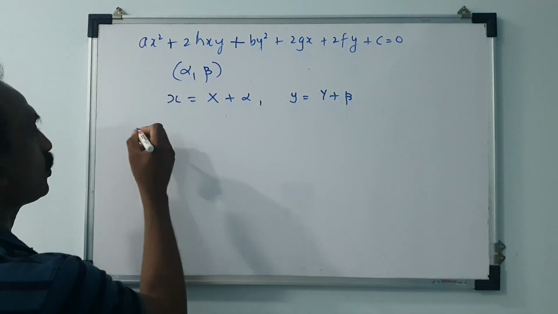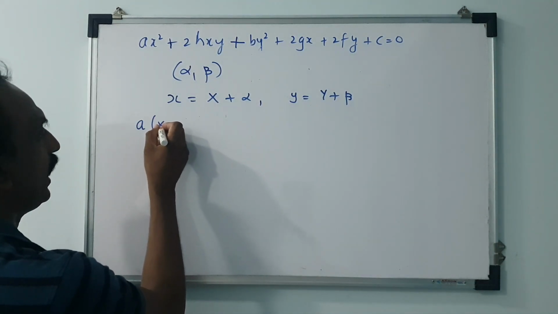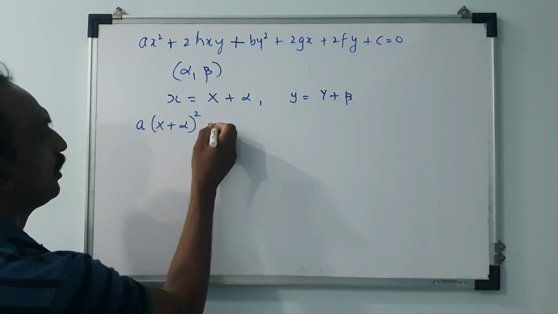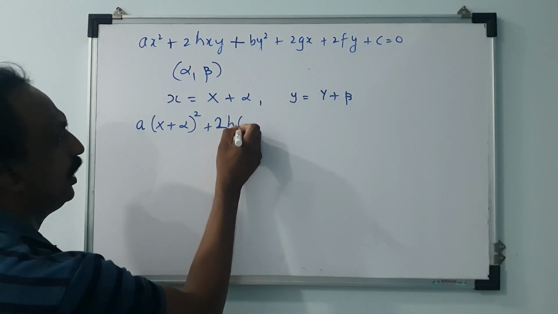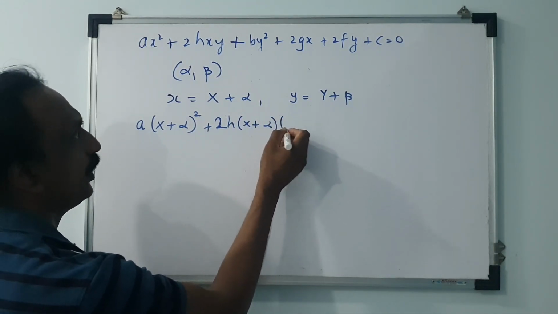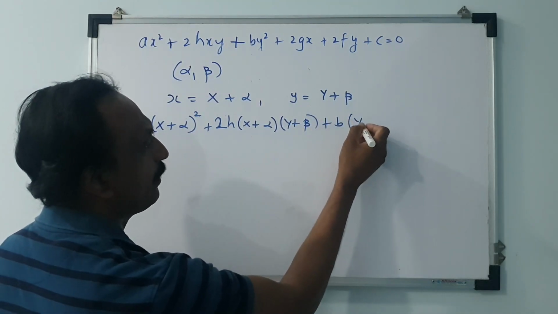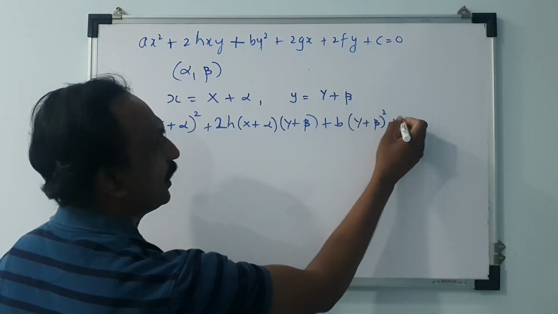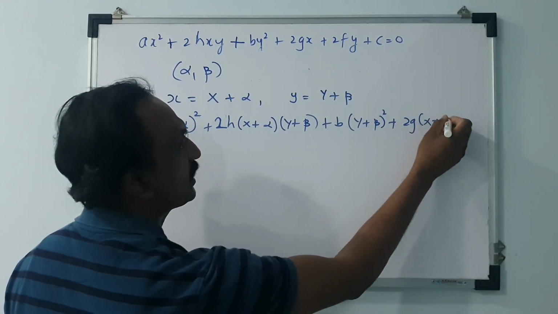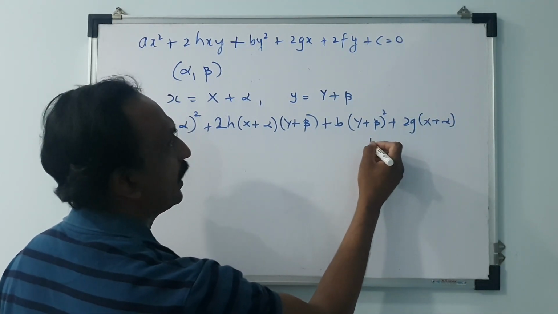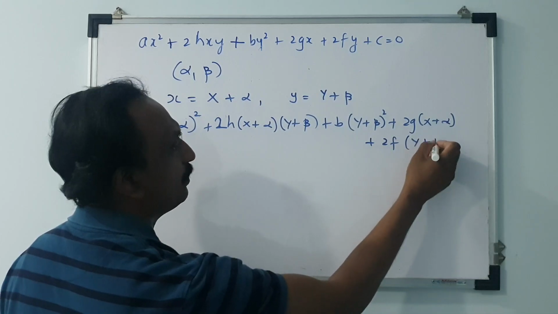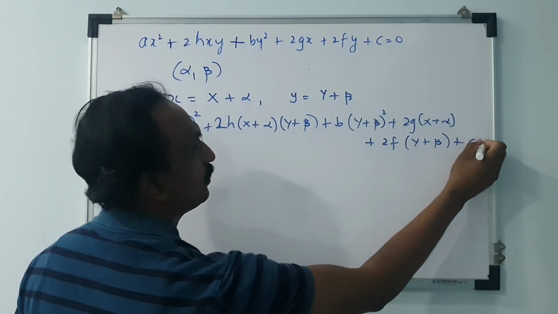So the new equation is a(X + alpha)² + 2h(X + alpha)(Y + beta) + b(Y + beta)² + 2g(X + alpha) + 2f(Y + beta) + c = 0.